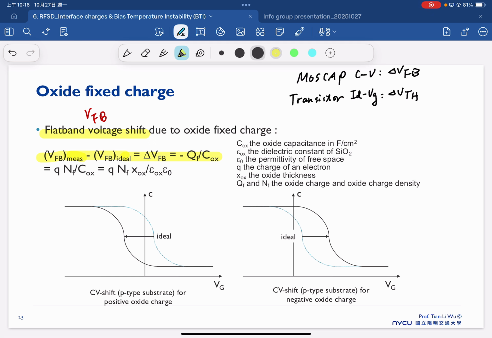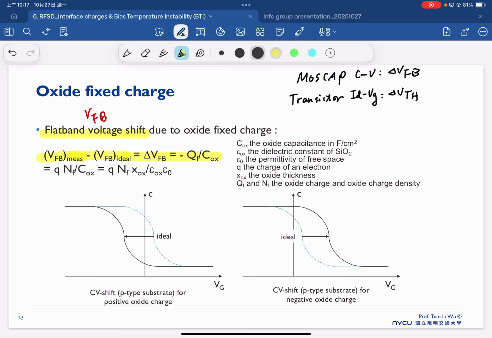And at the bottom are the two cases where we might have positive and negative charge in reality. Everything can happen. Sometimes we have a positive, sometimes we have a negative. There's no restriction to either positive or negative only. In reality, both can happen.